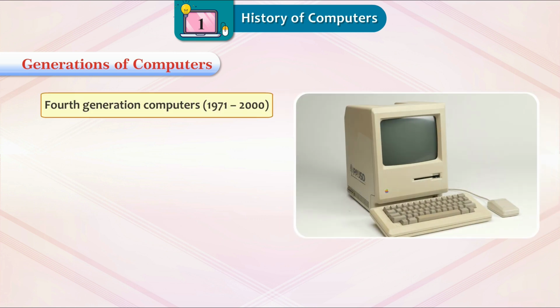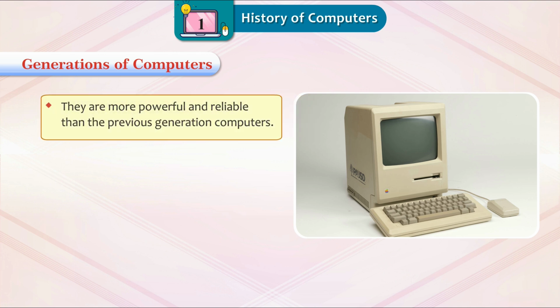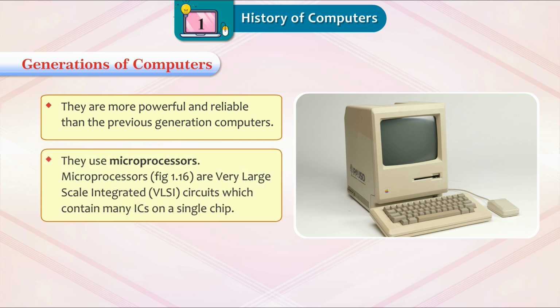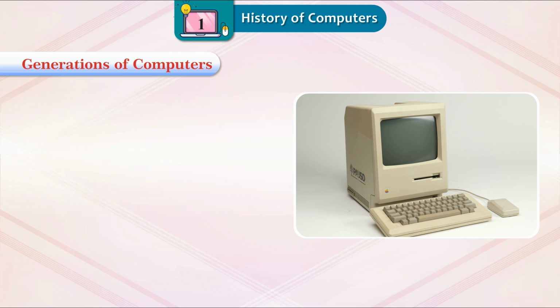Fourth generation computers, 1971 to 2000. They are more powerful and reliable than the previous generation computers. They use microprocessors. Microprocessors, refer to figure 1.16, are very large-scale integrated VLSI circuits which contain many ICs on a single chip.